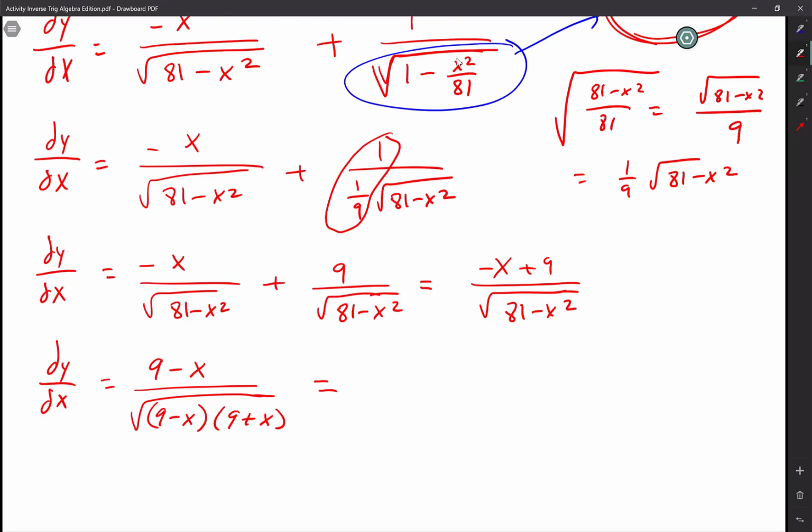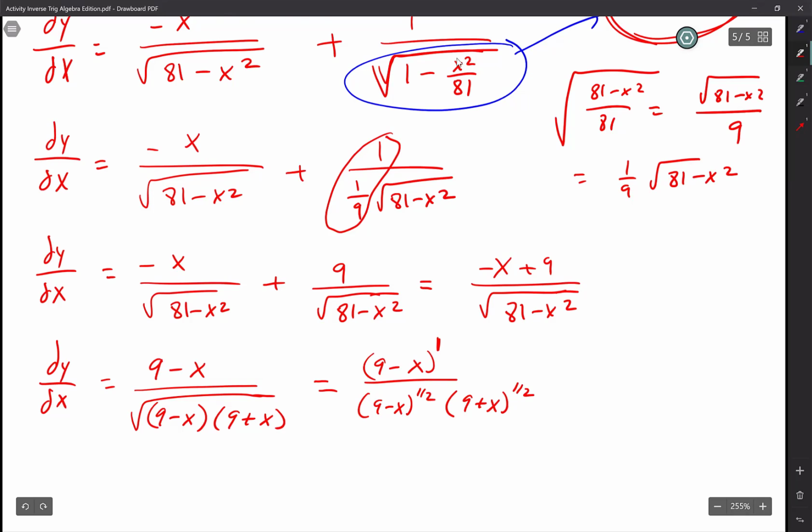Hopefully you had a really good algebra 1 and algebra 2 teacher who told you about the laws of exponents. These expressions, 9 minus x and 9 plus x, are inside the square root or the radicand. So I can rewrite this using my laws of exponents as 9 minus x to the half, 9 plus x to the half. OMG, look at that. That's a whole one right there.